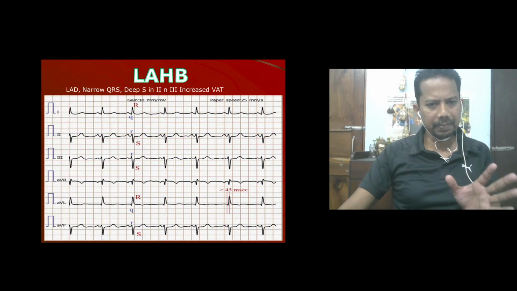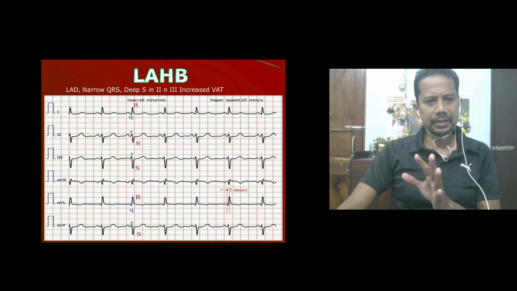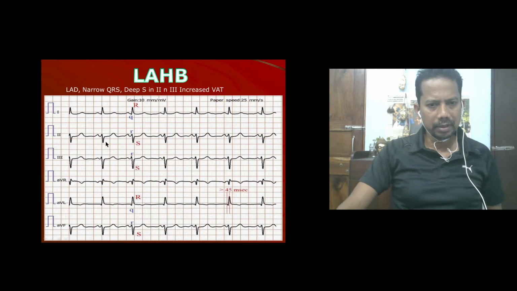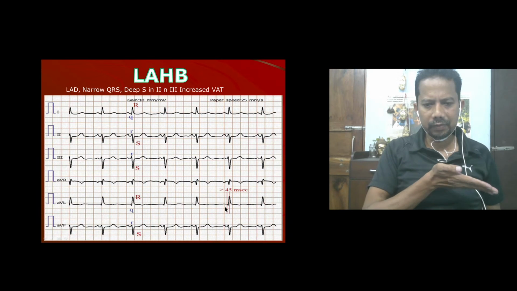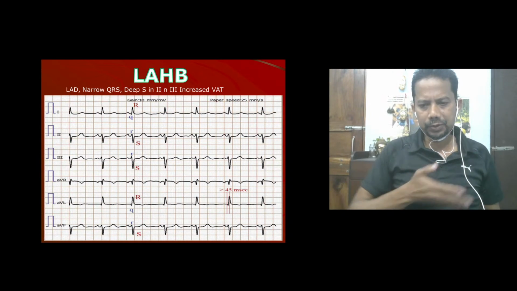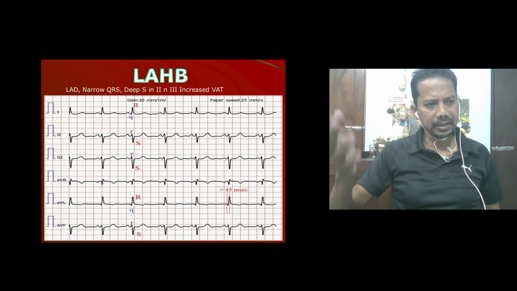So there will be deep S in lead 2 and lead 3. Out here you see deep S in lead 2, lead 3 and an LAD. And there is an increased ventricular activation time. So LAD has formed, and the R wave looks like this, the upstroke is more at a tangent.